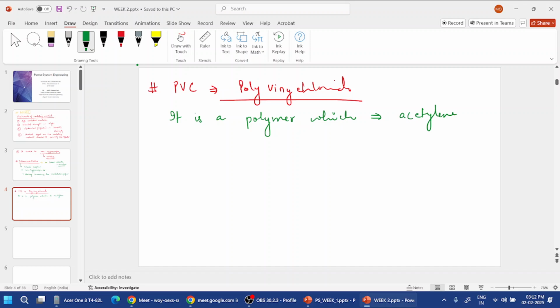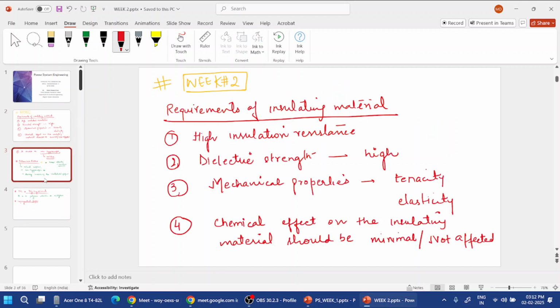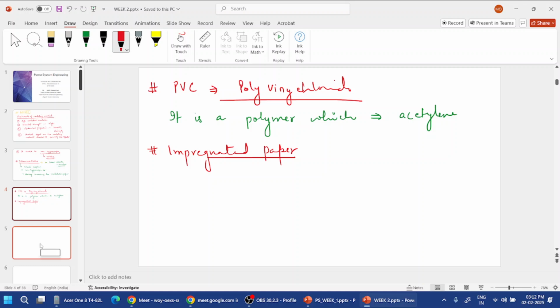Then there is another insulating material, which is impregnated paper. You must have heard of this. So basically, these are all the properties of the insulating material.